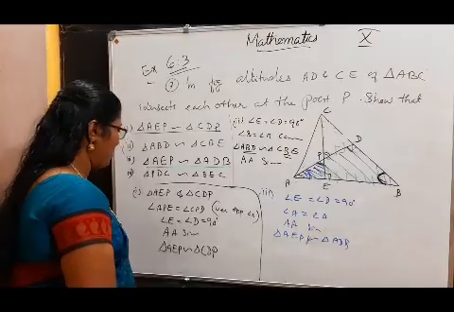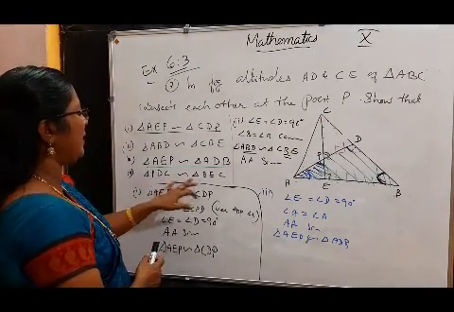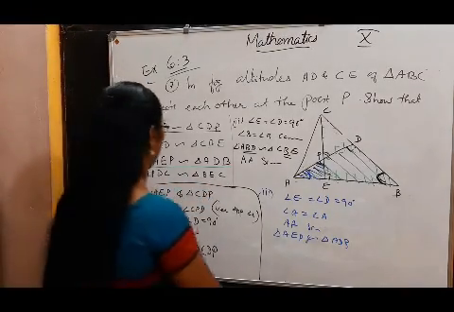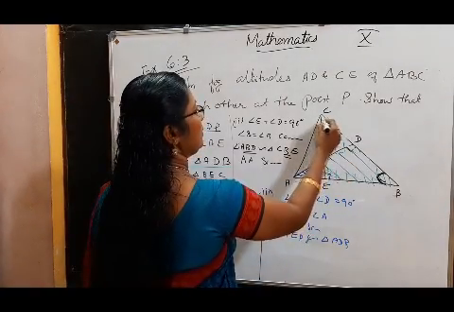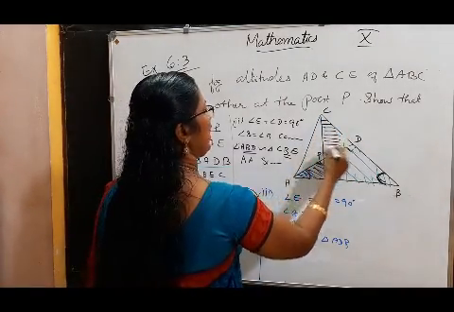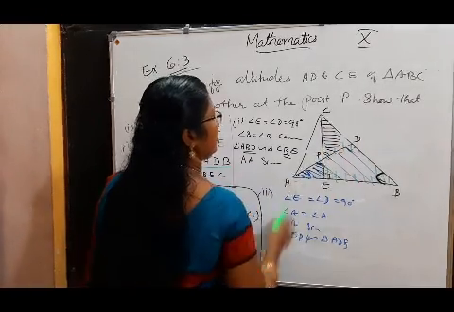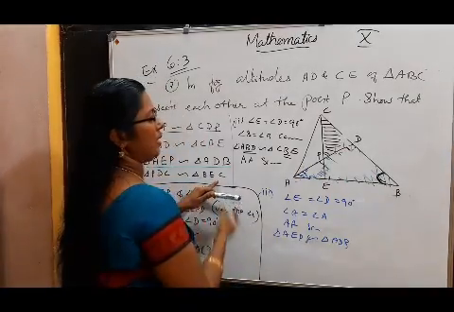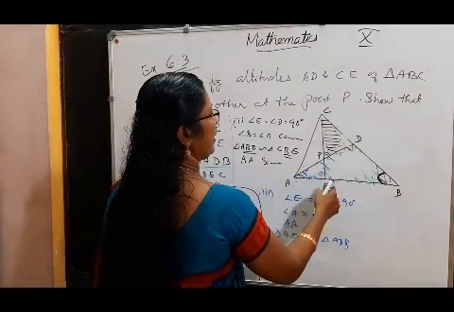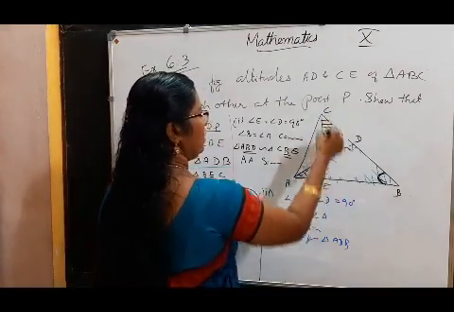The last one: PDC and BEC. Where is PDC? PDC, the upper part, and BEC, the larger one.